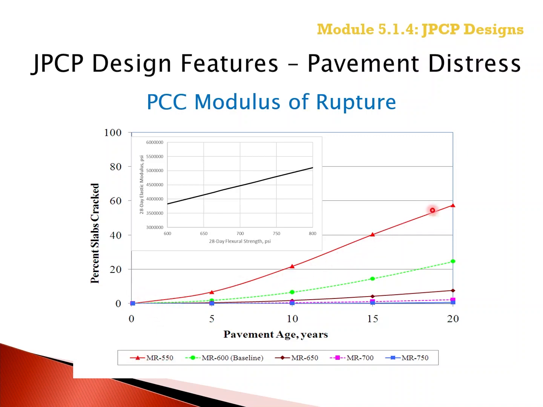The red line shows a modulus of rupture of 550 psi. The green is for 600 psi. The darker red one is 650, the dashed one is 700 psi, and the blue one is 750 psi modulus of rupture.